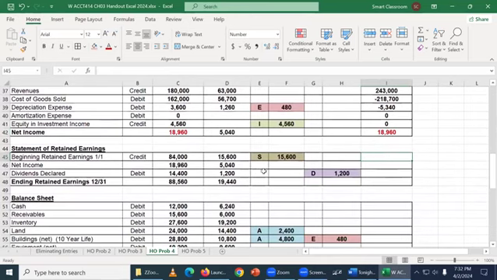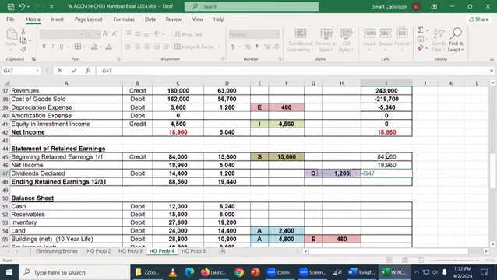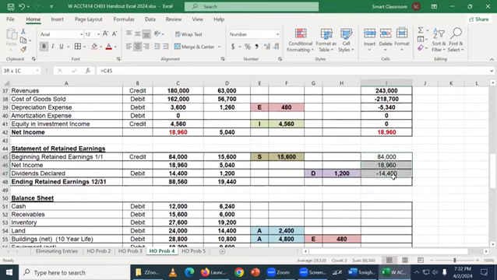Okay, this one, this is all the stuff from over here. Remember to subtract out the dividends. You don't have to put a negative sign in there. I'm going to put it in just because, oh, it's just the way I am. And again, these two numbers should be the same.